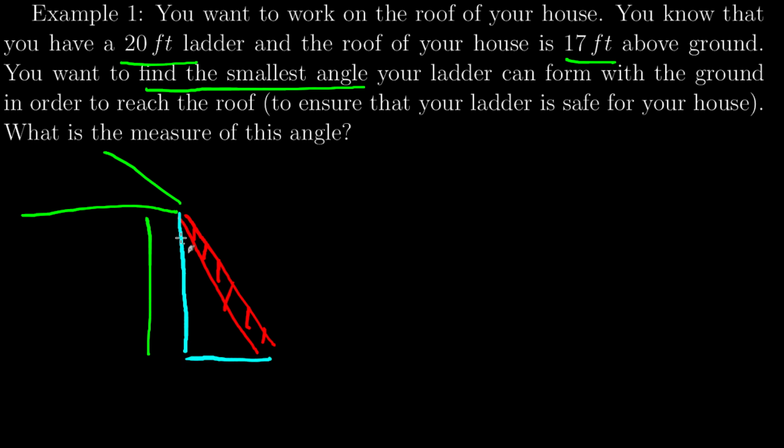Now, this can actually be a very important question because if I lean a ladder, so here's my wall, if I lean a ladder against the wall and the ladder's like this, and you try to climb that ladder, it could fall backwards, you could hurt yourself. If I lean the ladder against the wall like this, and I try to climb this ladder, the ladder could slide down and you could hurt yourself.